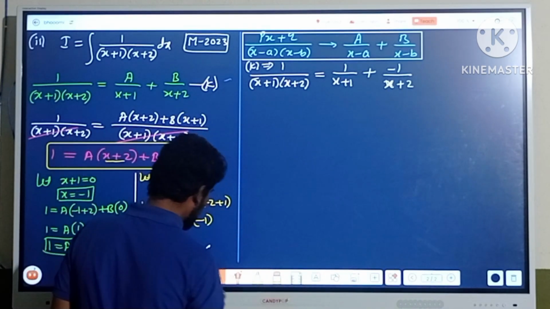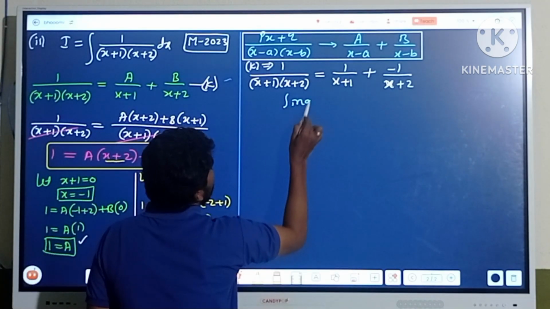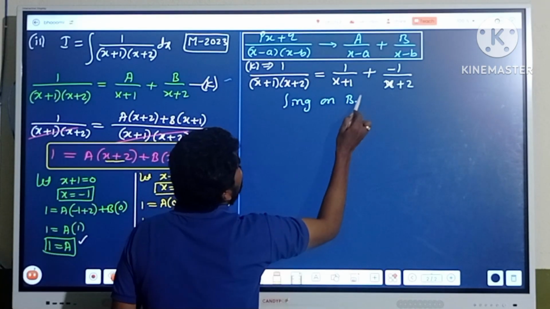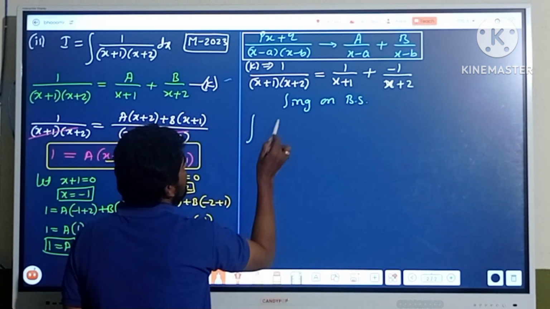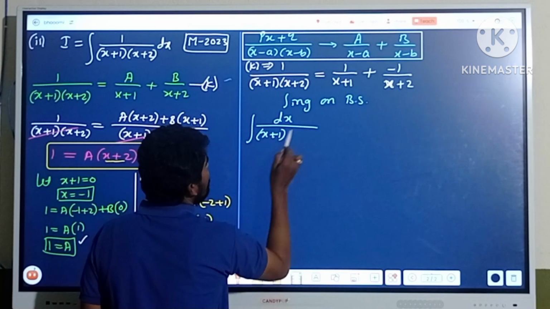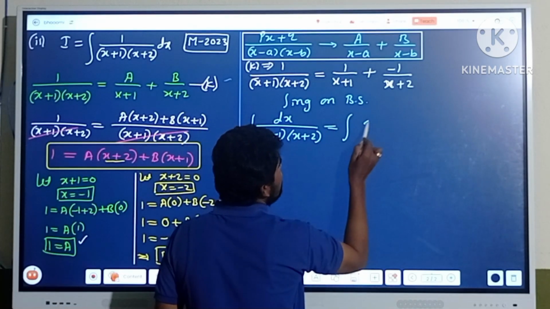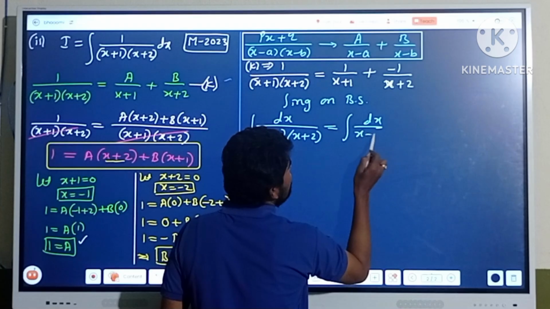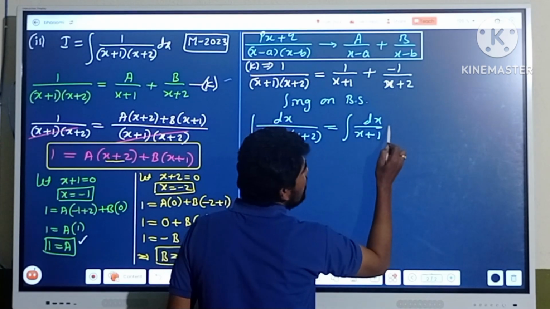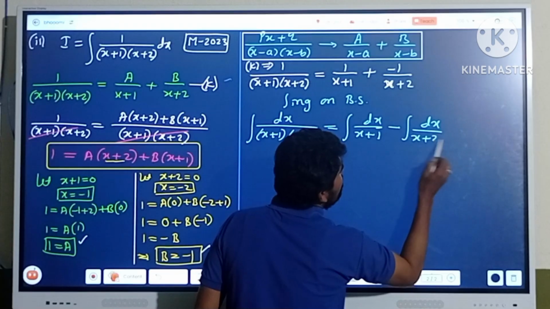After substituting the values of a and b, what next? Integrating on both sides. Integration of dx divided by x plus 1 into x plus 2 is equal to integration of dx divided by x plus 1 minus integration of dx divided by x plus 2.